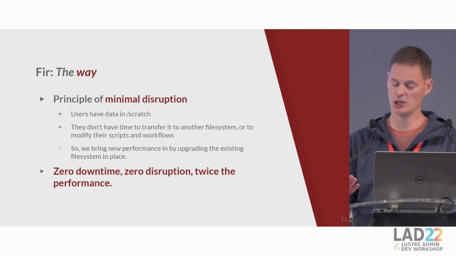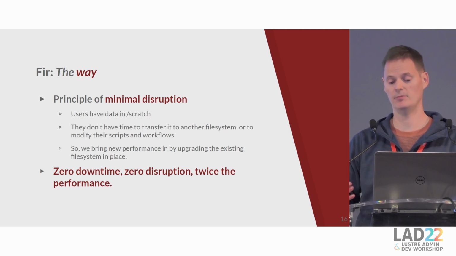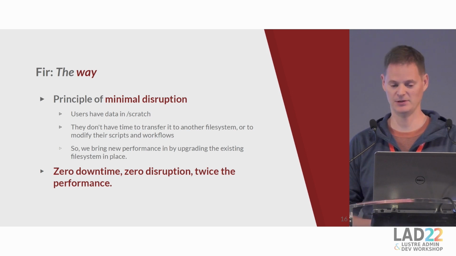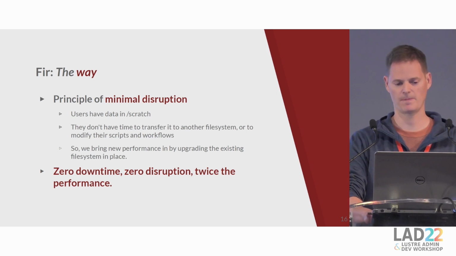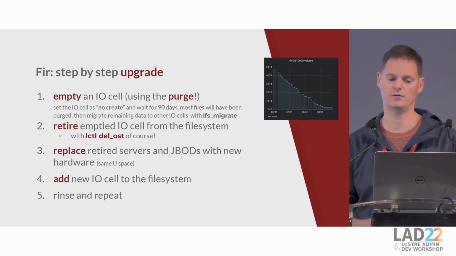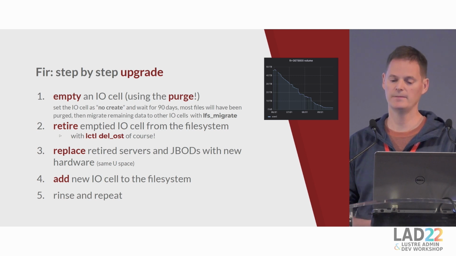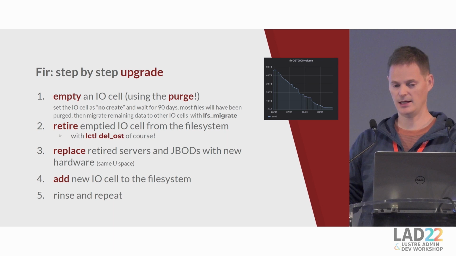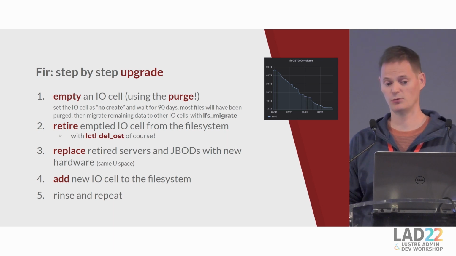The goal is, over time, to end up with at least twice the performance, but without downtime, without disruption. This has actually started because we just received the hardware for the first I/O cell. We have set the first I/O cell to no create, and because this file system is purged, we just use the purge and wait 90 days.